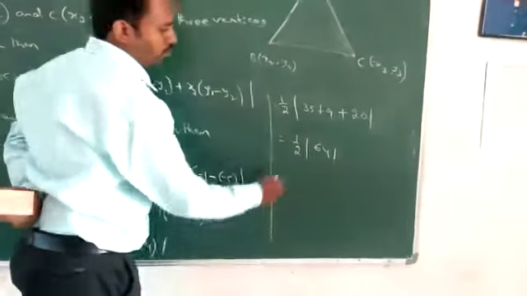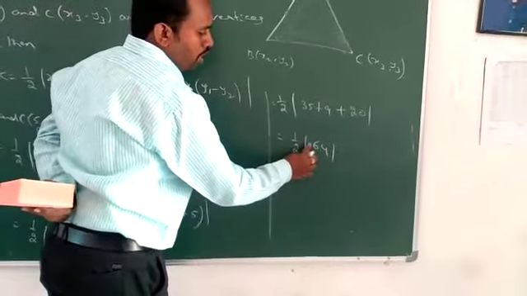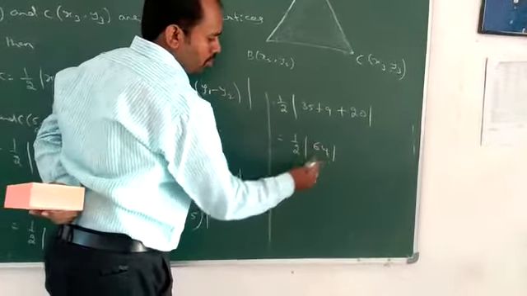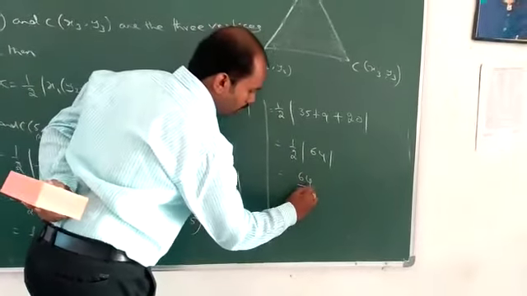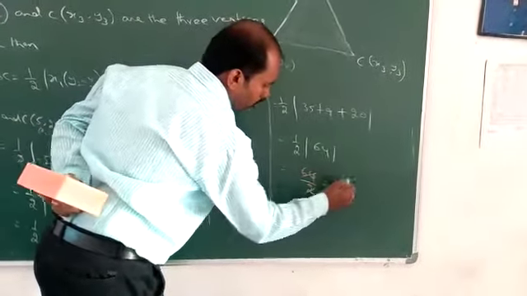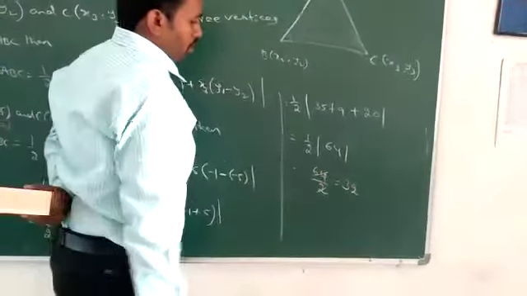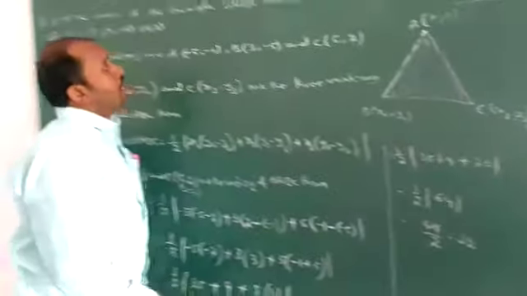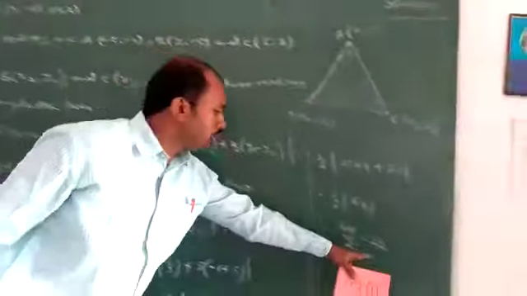Modulus of 64 is a positive value, so no need for modulus. 64 by 2 is 32. So the area of the triangle is 32 square units.